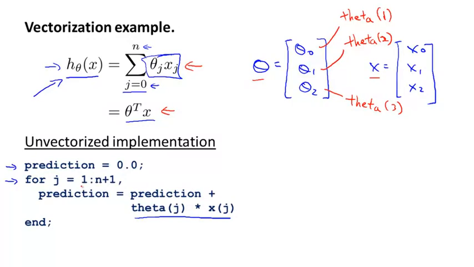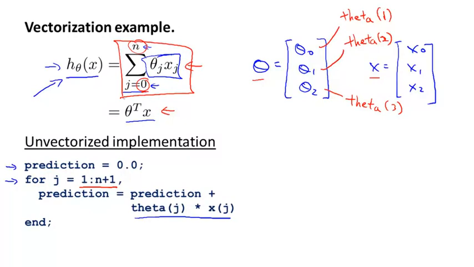That is why here I have a for loop where j goes from 1 through n plus 1 rather than j going from 0 up to n. But this is an unvectorized implementation in that we have a for loop that's summing up the n elements of the sum.